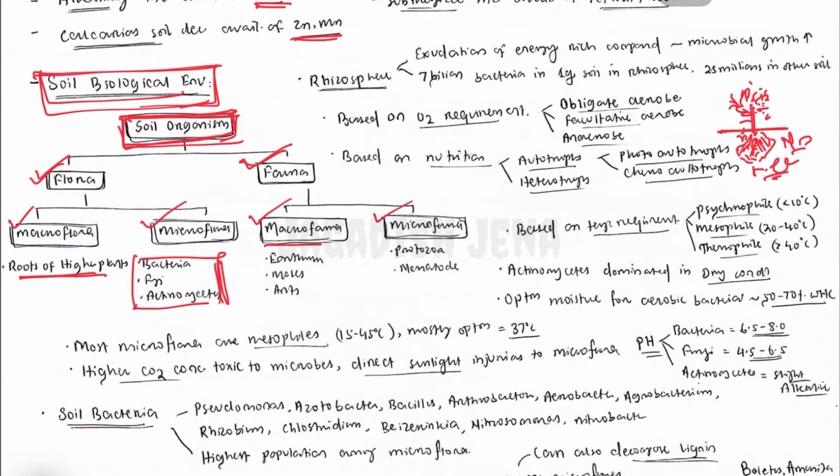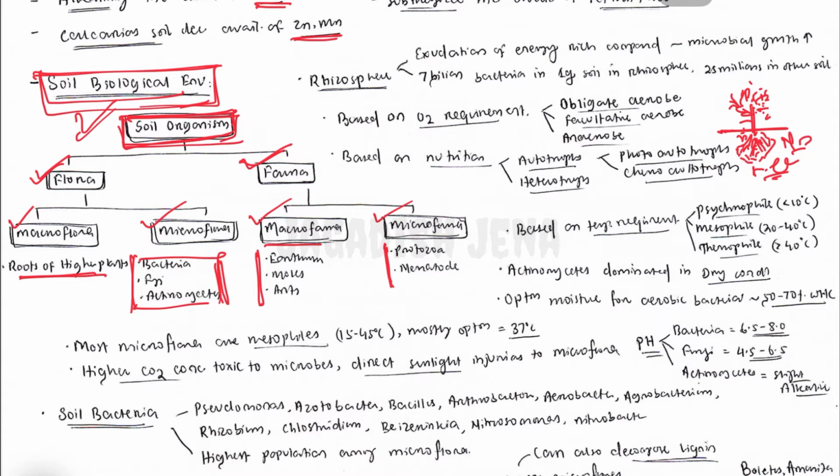Then macrofauna are earthworms, moles, and ants. They are present in soil. Microfauna are protozoa and nematodes, the microscopic animals. So microflora are bacteria, fungi, and actinomycetes; microfauna are protozoa and nematodes. You have to remember this table.